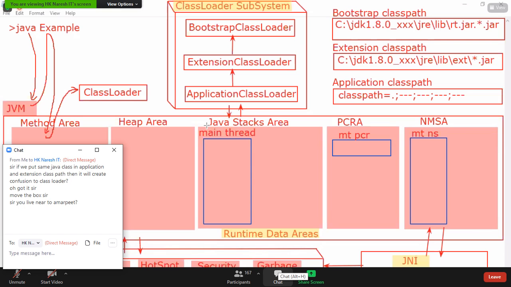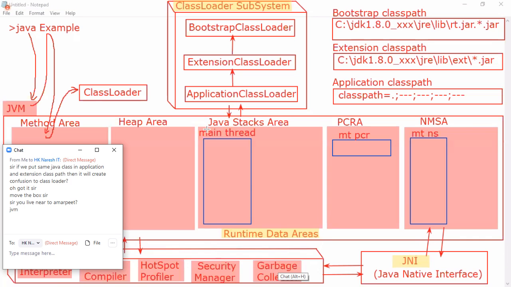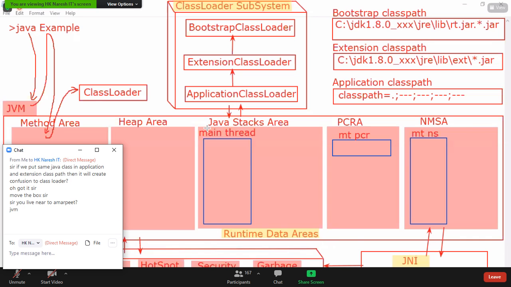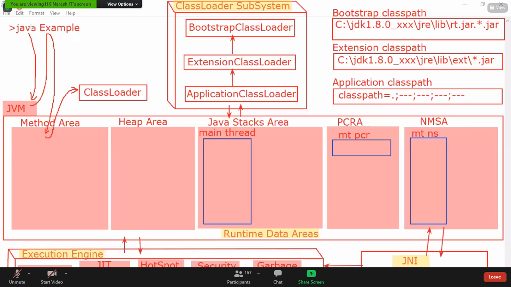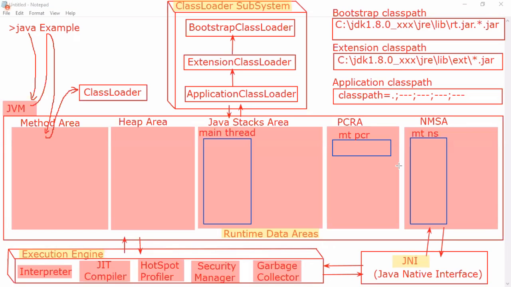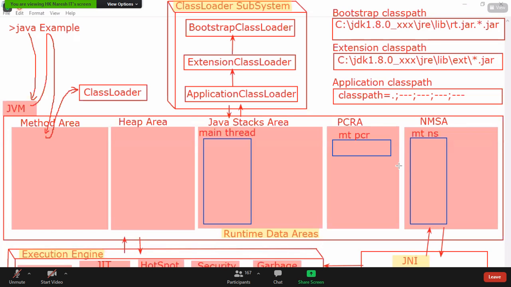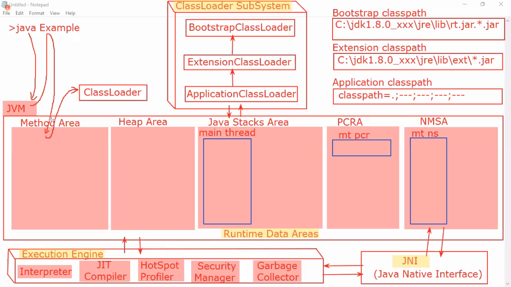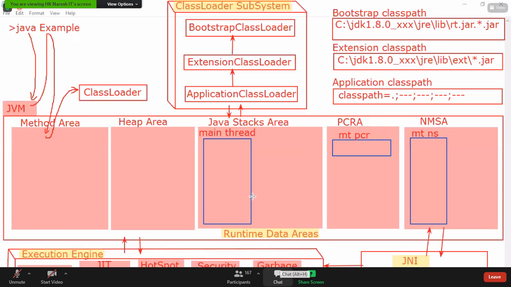Runtime data areas. This complete diagram is called the JVM. In that, runtime data areas is the heart. That's why it's there in the middle.